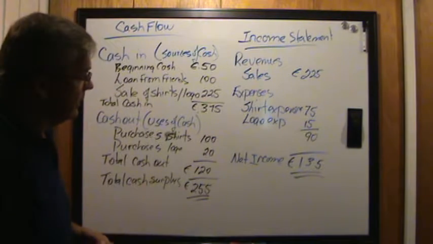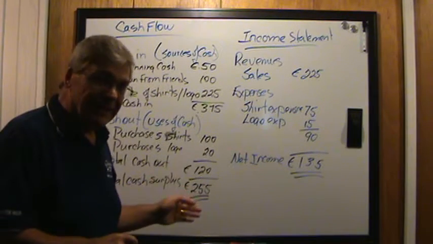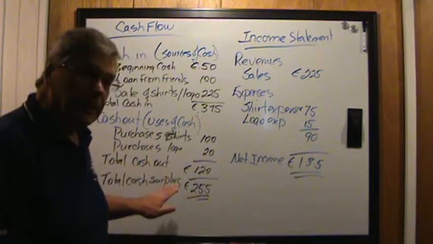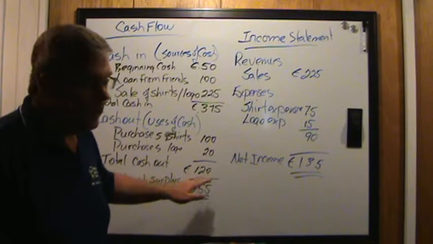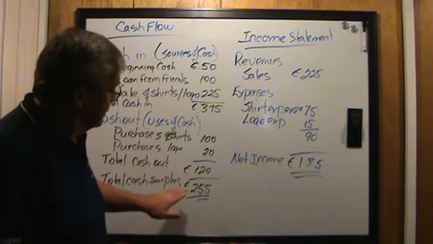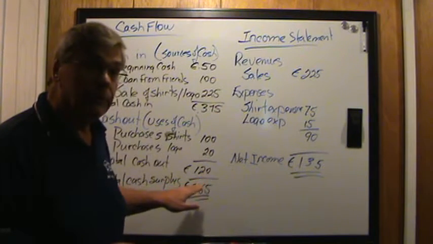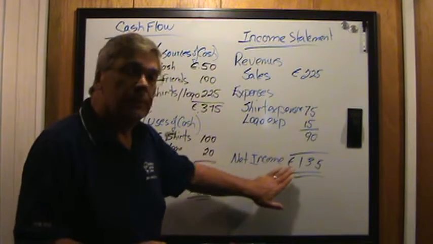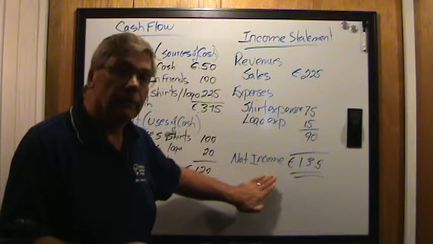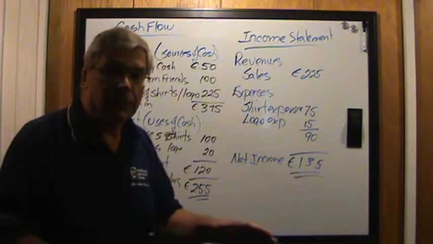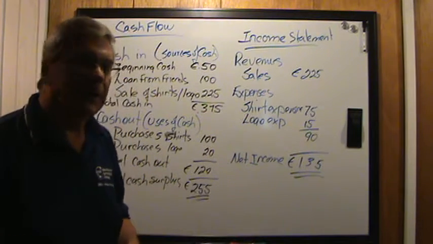But before we do that, let me reinforce again the difference between net income and cash surplus, or if you like, deficits. So we had 255 euros of cash in the business after day 2, but our net income, our profit, is only 135 euros. Well, only, that's pretty good for 2 days of work.